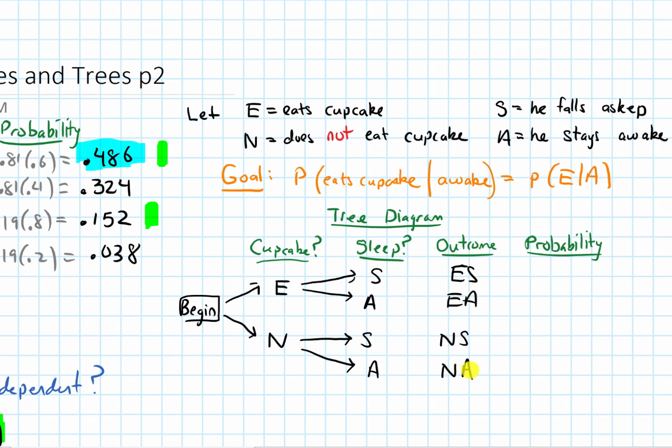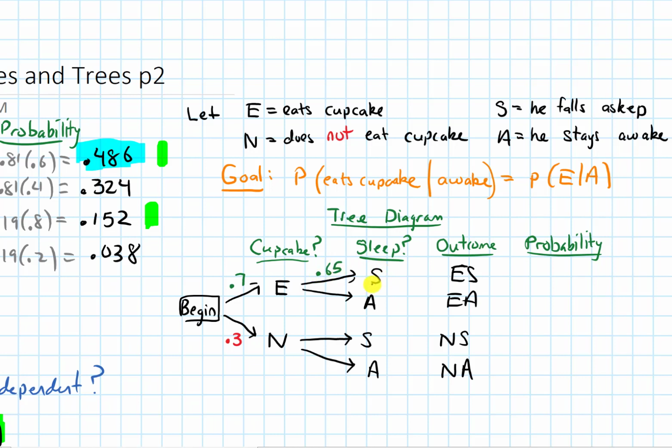Let's label some probabilities. The question said that there was a 70% chance, or 0.7 probability, that he eats a cupcake today, which means there's going to be a 0.3 probability that he does not eat a cupcake, because these values have to add up to 1. Given that he eats a cupcake, there is a 0.65 probability that he falls asleep.